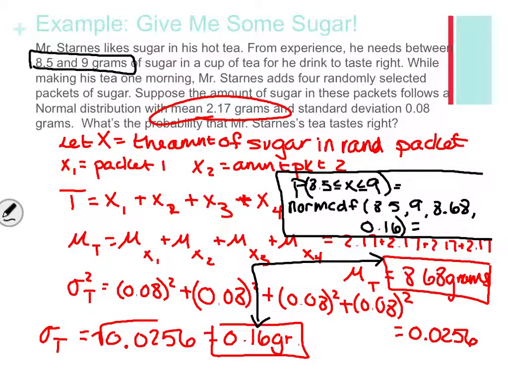All of this gives me a probability of 0.848, so about 85%. There's about an 85% chance that Mr. Starnes' tea will taste right.